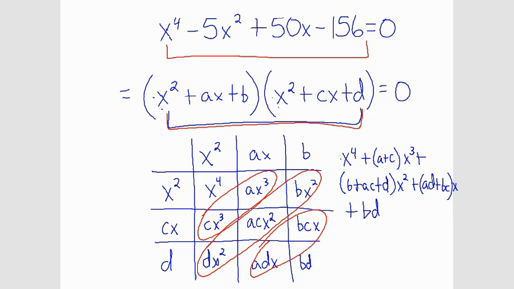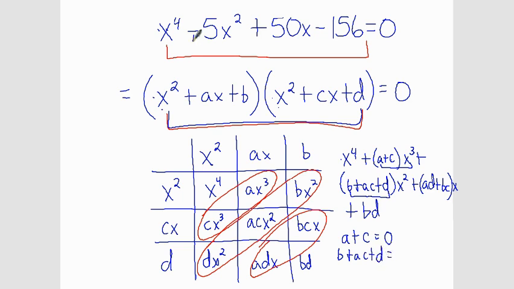So notice x to the fourth matches to x to the fourth. Now, x cubed. The coefficient for this expanded version is a plus c, but what does a plus c equal on the original quartic? That's 0 because there was no x cubed term. Now we have the x squared coefficient, that's b plus ac plus d.